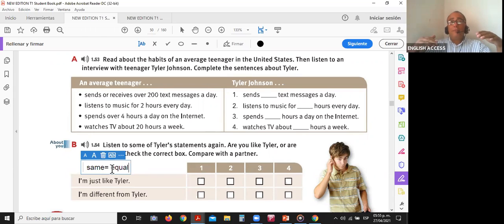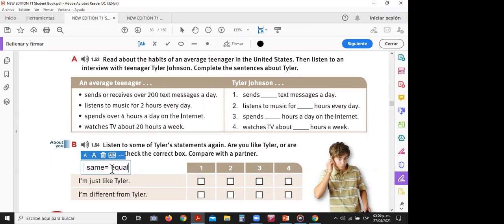So, for example, if you drink water, you drink the same as me. Imagine that we all four go to the restaurant and Fatima has carne enchilada, Carolina pozole, Antonio mole, and I say the same as Antonio. So Antonio gets mole and I get mole too. Same means lo mismo. Okay?